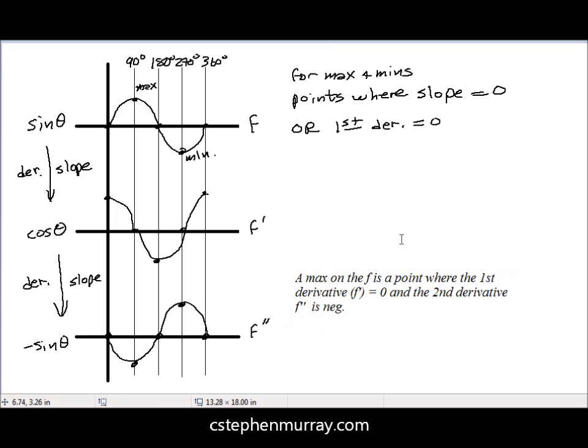So let's look at it. I'm going to circle maximum, max, max. Notice that this is 0 for the first derivative and negative for the second derivative.